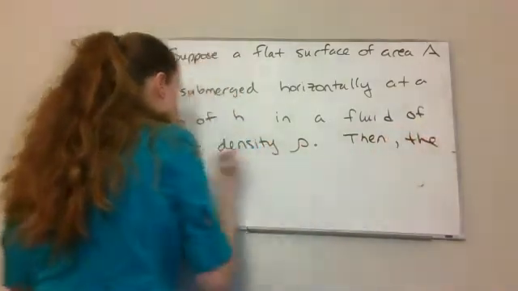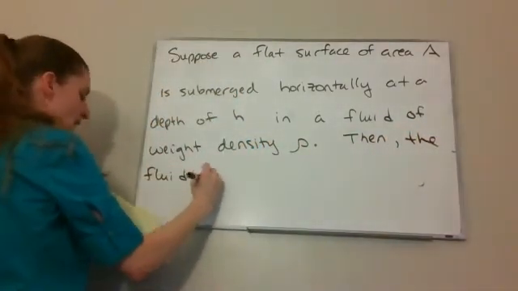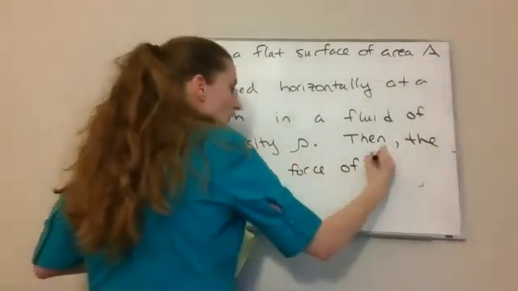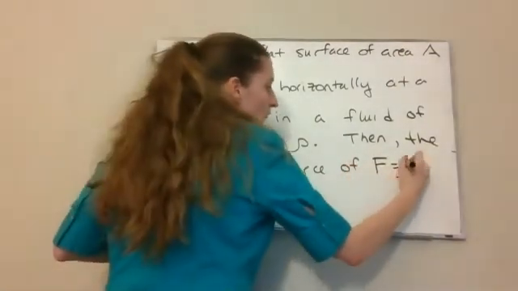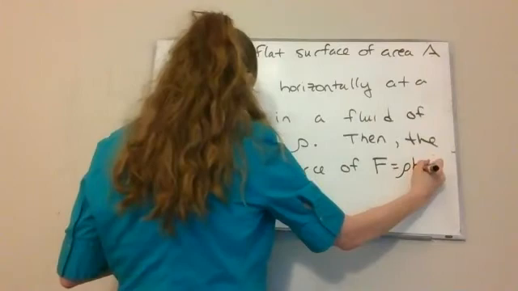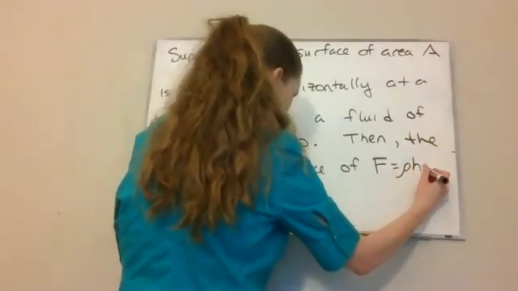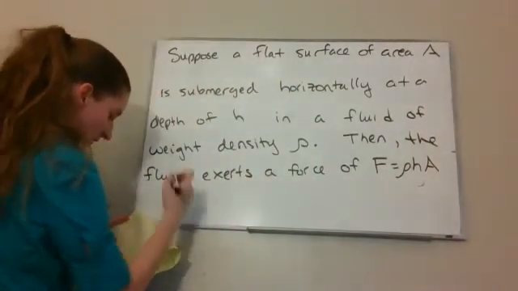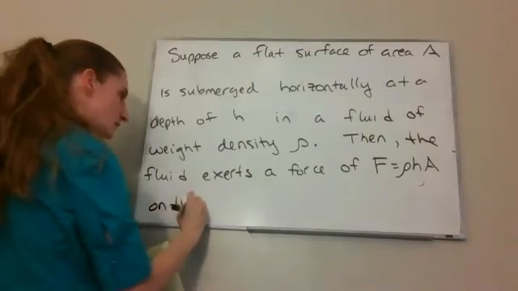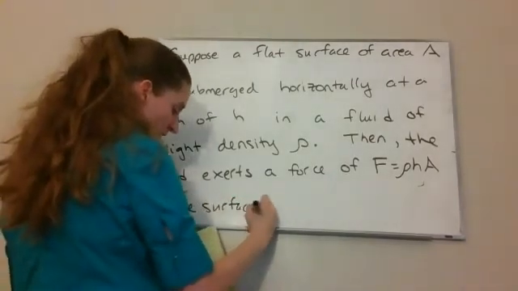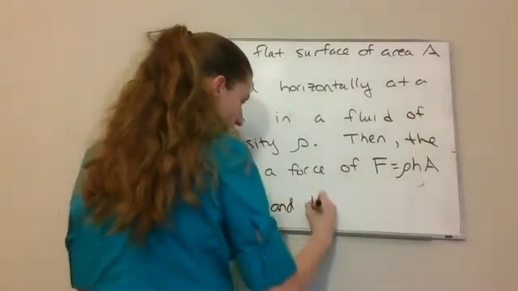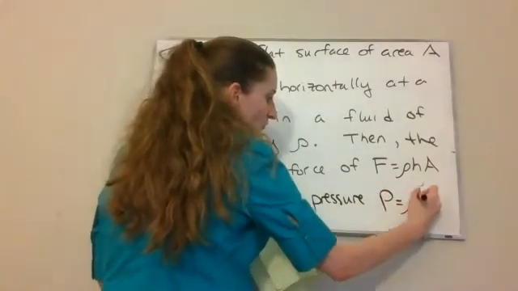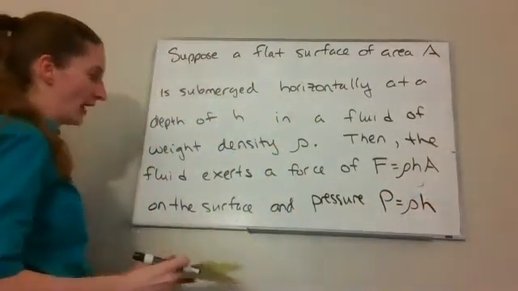Then the fluid exerts a force equals rho times that depth times the area on the surface, and there is a pressure P, which is just rho H on that same surface.